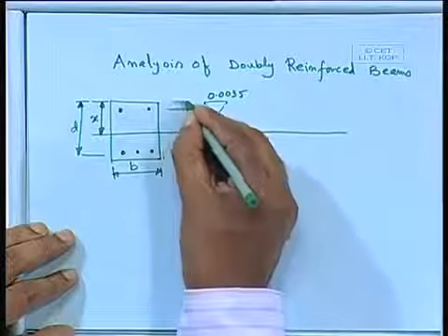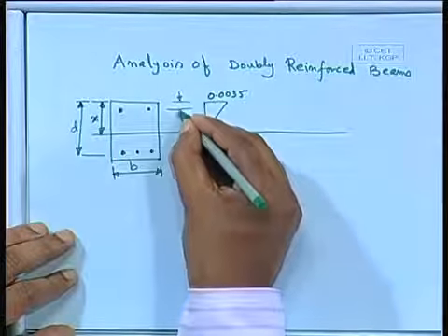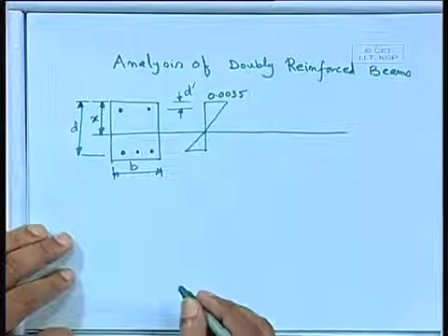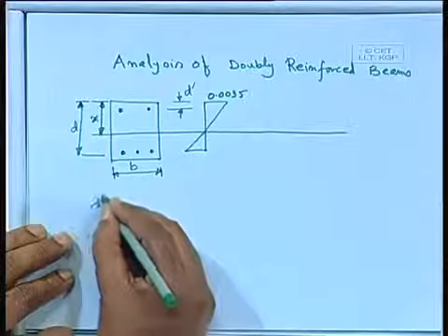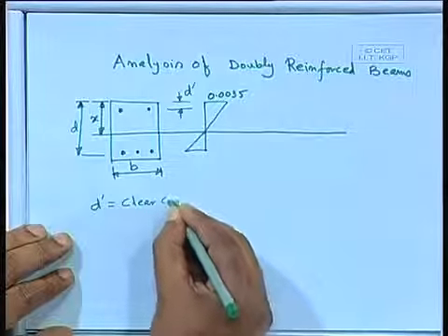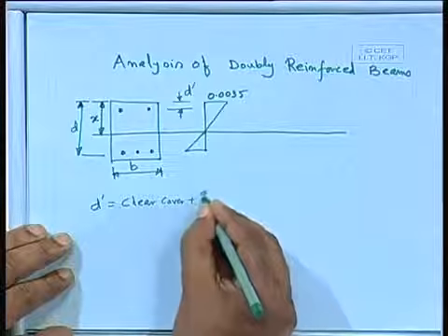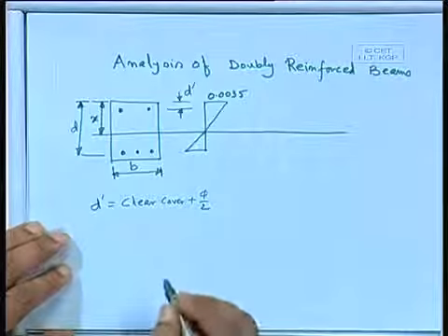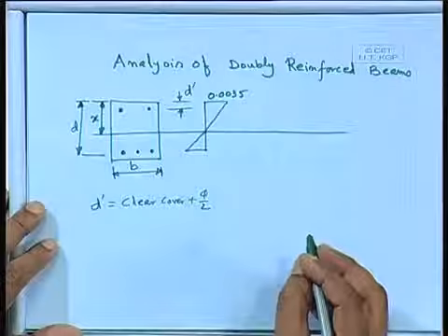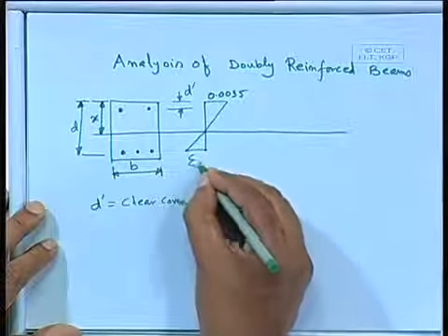What about this portion? Let us say this is effective depth d dash. d dash equals clear cover plus phi by 2. Our interest here, this is epsilon s.